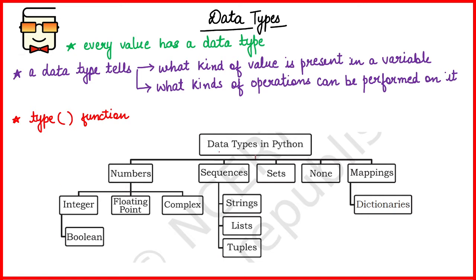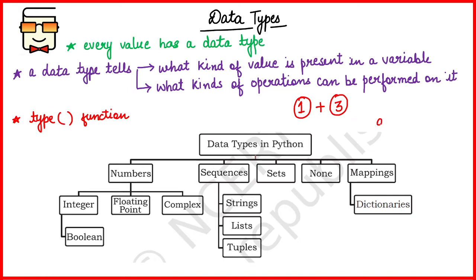What is the purpose of finding the data type of the object? Firstly, we get to know what kind of value is present in that object, and secondly, we also get to know what kind of operations can be performed on that object. If you have a number, say 1, and another number, say 3, you know that you can add these two numbers because the data type of both these numbers is integer, or they are numeric values.